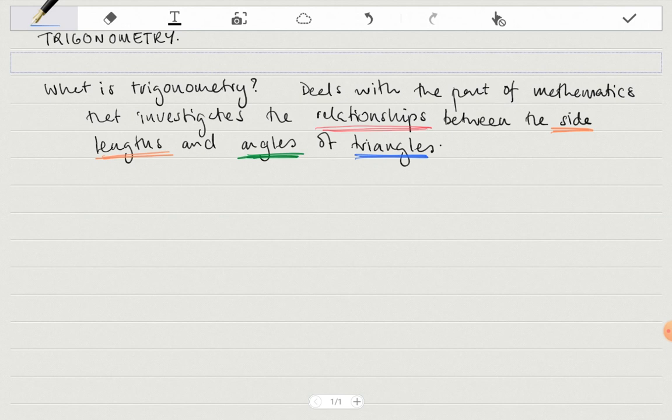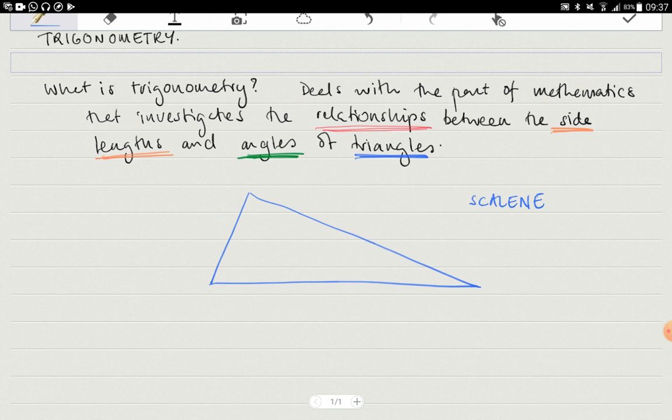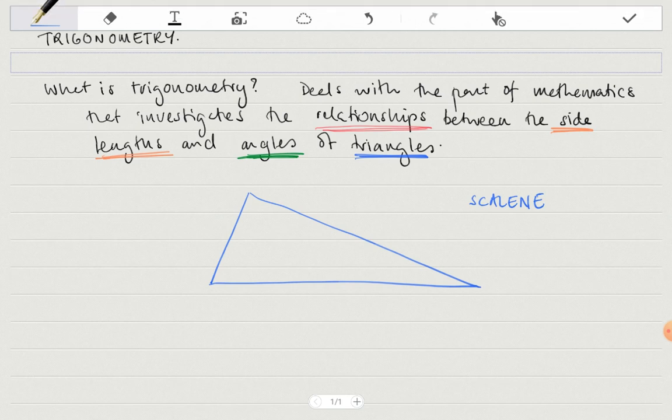If we look at a standard triangle, drawings are not the best here, but I'm going to do my best. This type of triangle is a scalene triangle, meaning that all of the angles are different. The angles are contained on the inside.